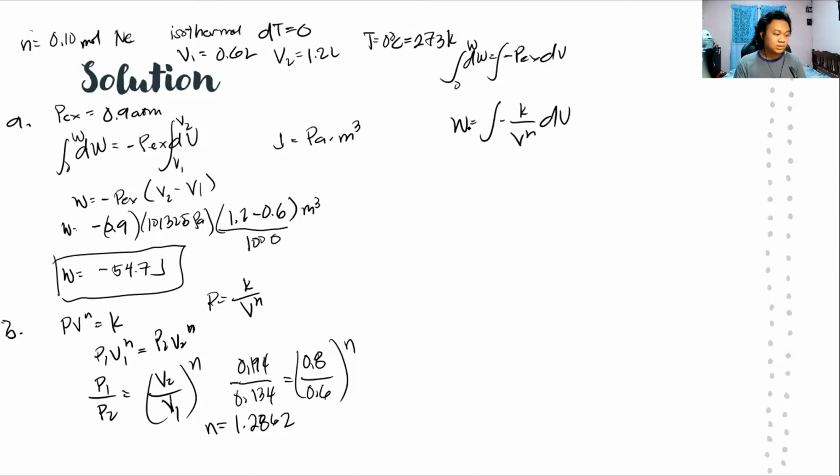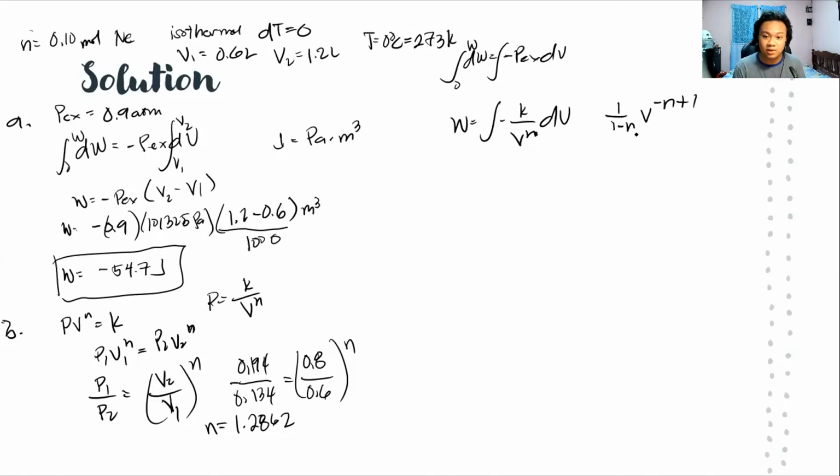Diba? So the integral of this is actually the integral of dV there, 1 minus n, and then V^(1 minus n). So negative n, then plus 1.